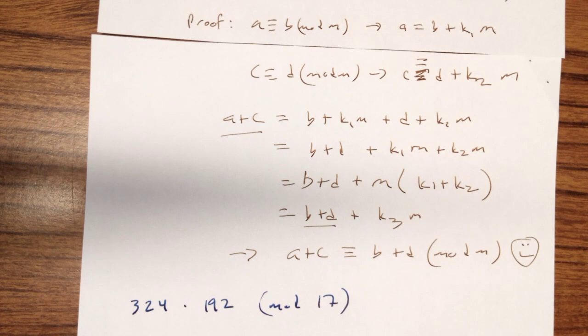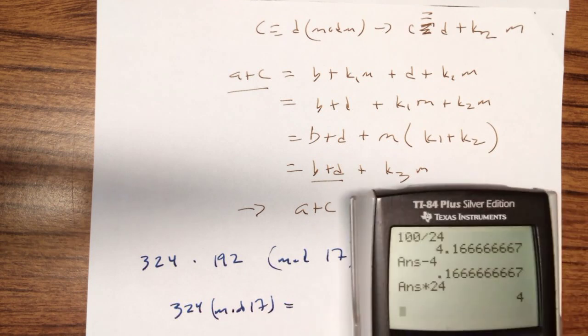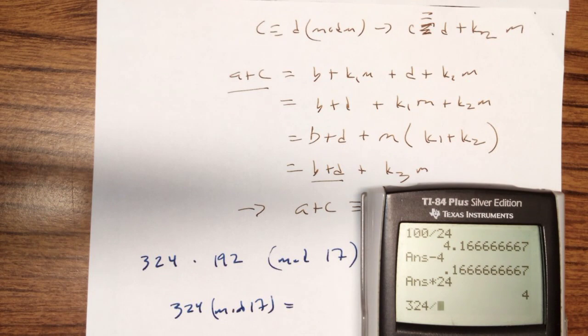So I'm not going to do it. I'm instead going to say 324 mod 17. What's that number? Oh, 324 divided by 17. Subtract off the integer part. Multiply by 17. And I get that that remainder is 1.